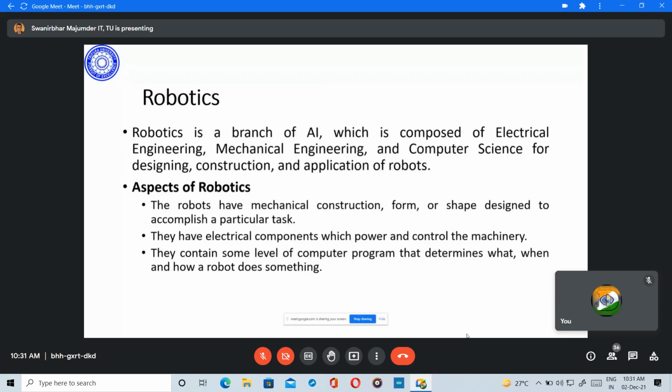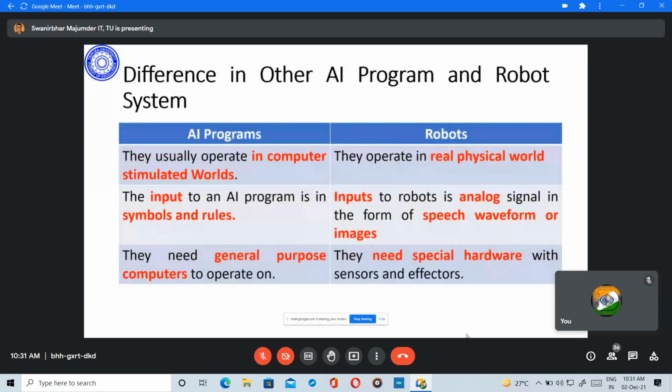Whereas for actually having a physical movement in the real world, you need the electrical and mechanical guys for doing the job. So you have the combination of all the branches in this, and anybody from any of the branches can work on that. So, going ahead, these are the basic differences between any AI-based program and any robotic system.